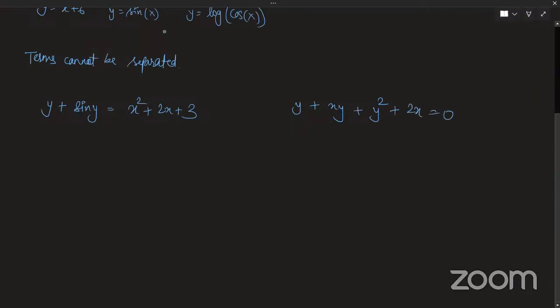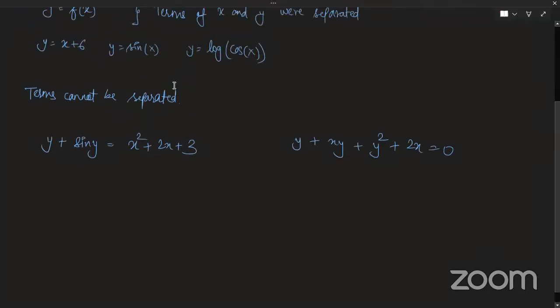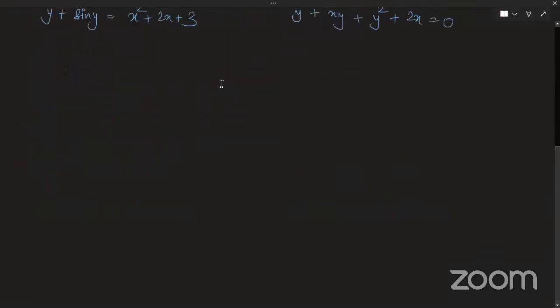Over here, you won't be able to calculate the exact value, or separate out the terms. So how will you find the derivative of such a thing? Even though we have done it before, we'll be revising again how we can go about taking the derivatives.